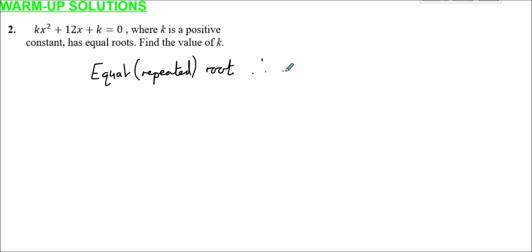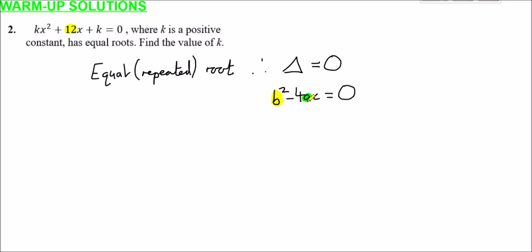So what that means is the discriminant, which we can use this triangle symbol for, has to be equal to exactly 0. So the discriminant is b squared minus 4ac, just to make it clear. So our b is the coefficient of the x, which is 12.